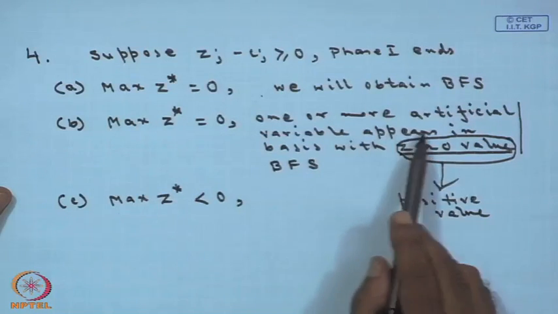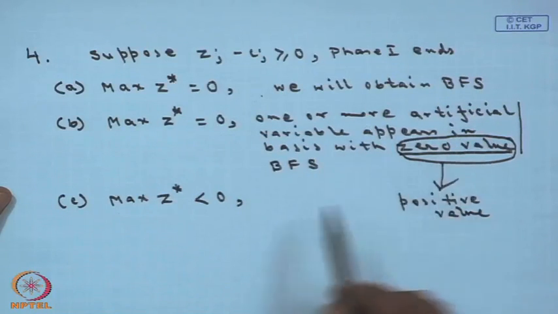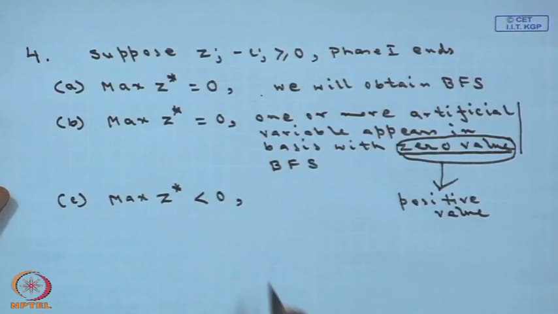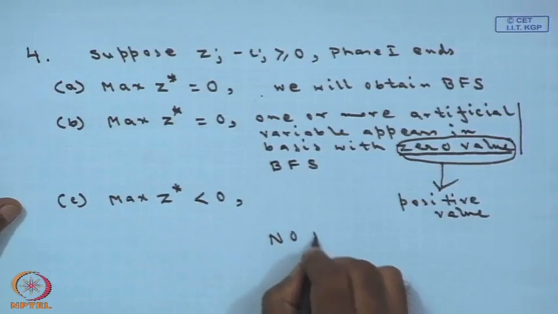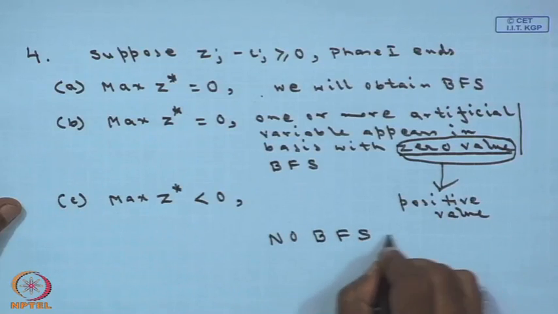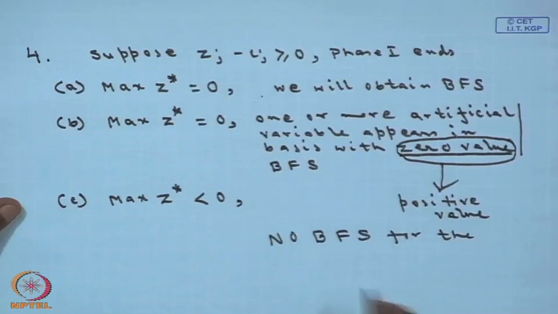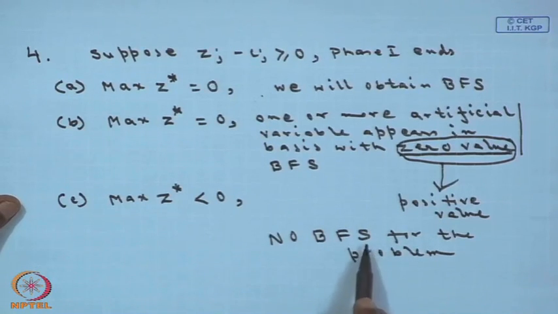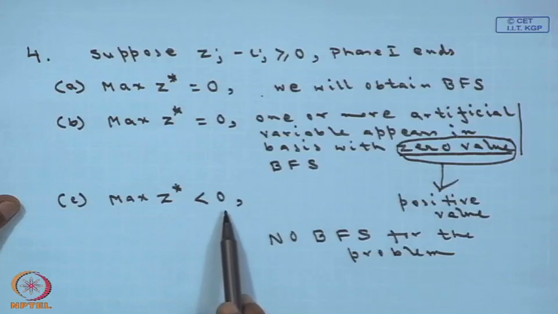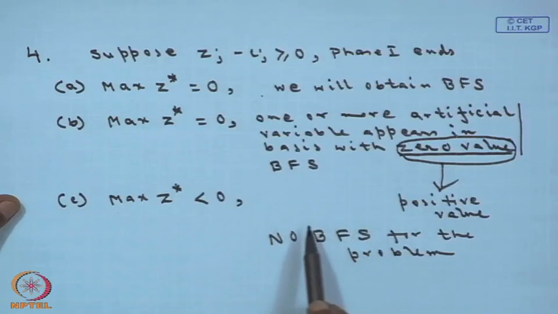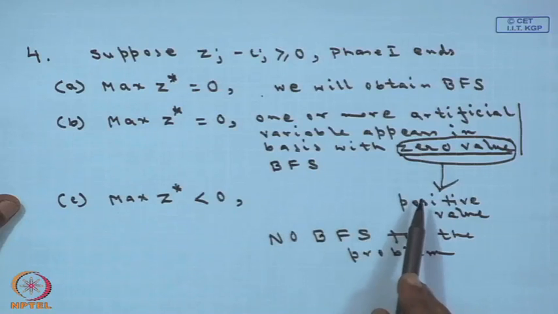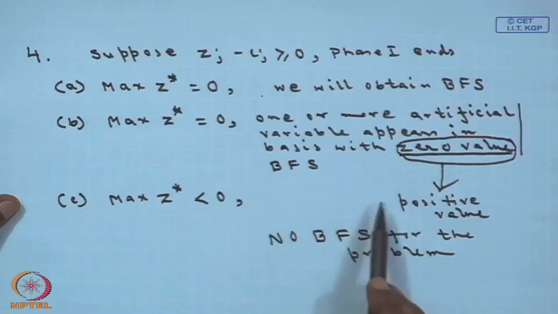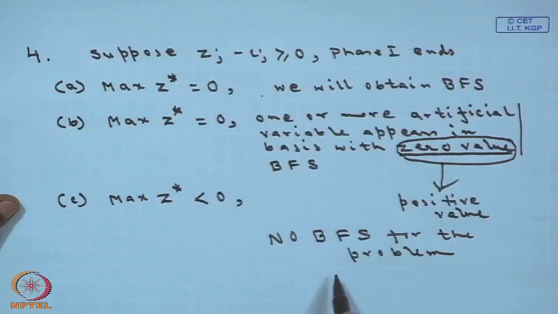In that case, we will not obtain any basic feasible solution for the problem. So, we do not have to go to phase 2. When in the final iterative table of phase 1, one or more artificial variables are present in the basis and their corresponding value is positive, no basic feasible solution can be obtained. All other cases you may obtain the solution.